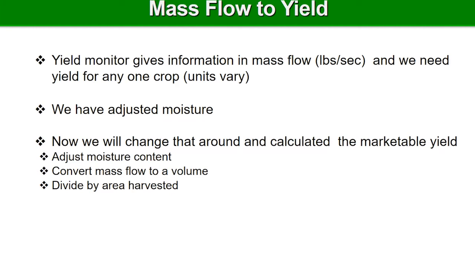No, you have only 160, because the marketable yield would be at a rate of 15% moisture content. So when you calculate all of this and find out everything is working correctly, you have to repeat this.